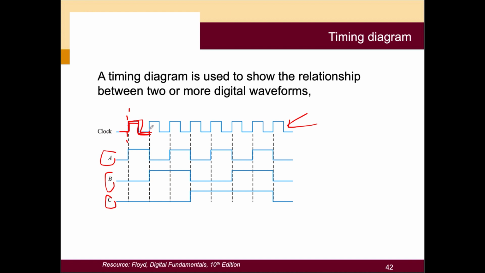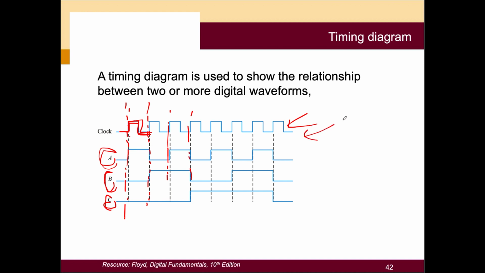So you draw the dotted line first, and then you can see that there is a correlation or relationship between signal A, signal B, and signal C. The same goes for here and here.